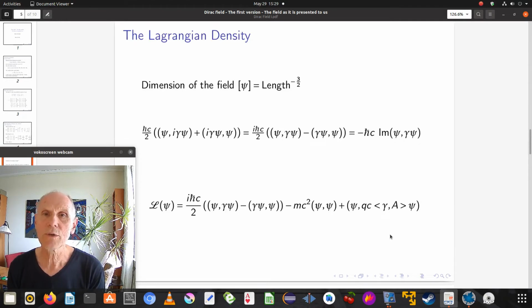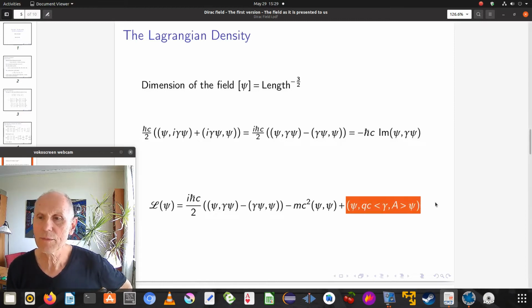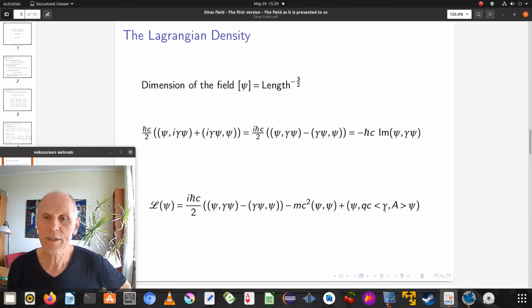Now we are ready to look at the Lagrangian. The mass term and the electromagnetic term come out as I said. First the pairing of the gamma vector with the A field, and that's a scalar, it's a matrix operator, it just operates on psi, and then the scalar product of that, and the same with the mass term.